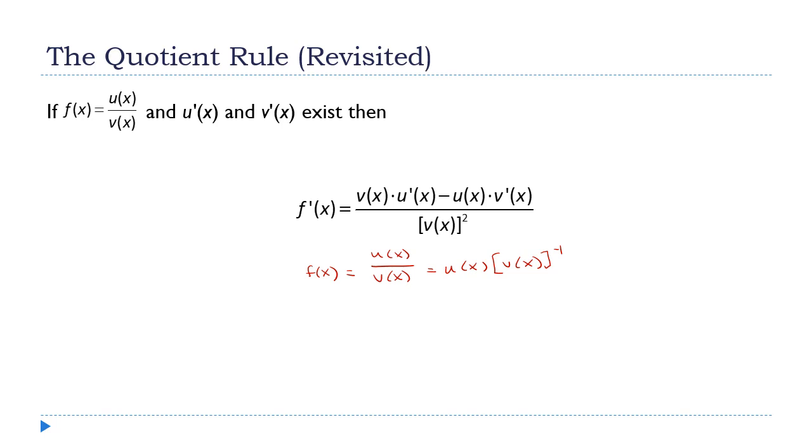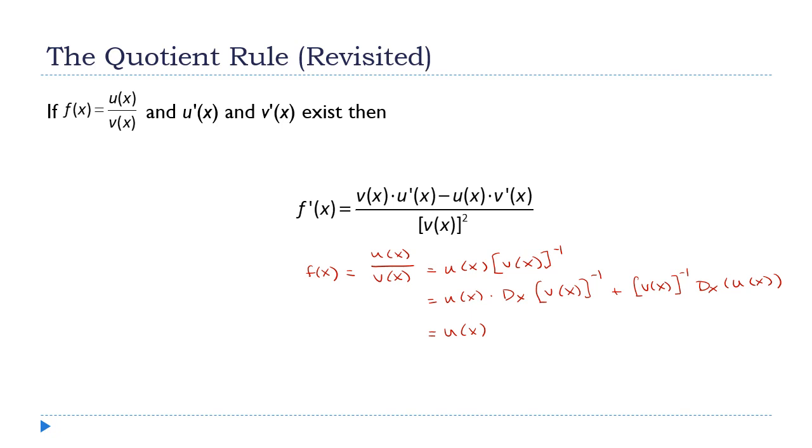All right, we'll do the product rule first. So this is u of x times the derivative of v of x to the negative first plus v of x to the negative first times the derivative of u of x. Okay, so this is u of x, and now I'm going to use the chain rule here.